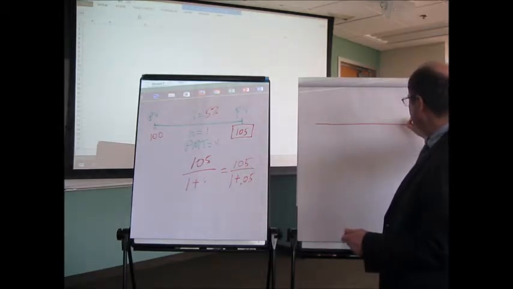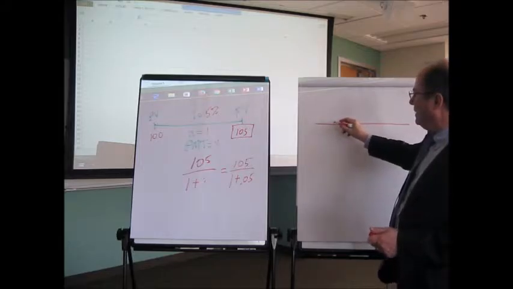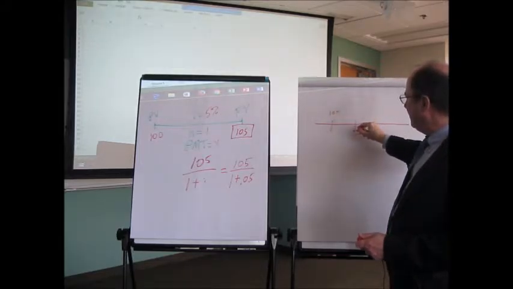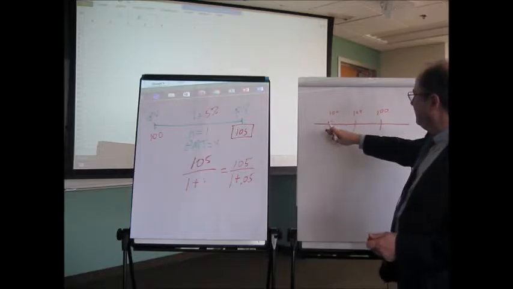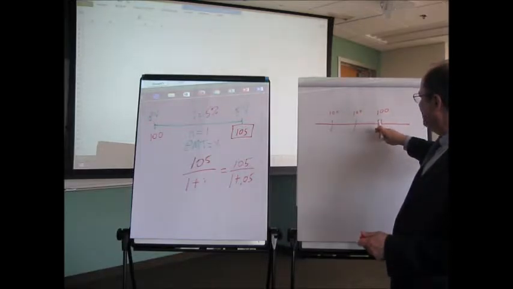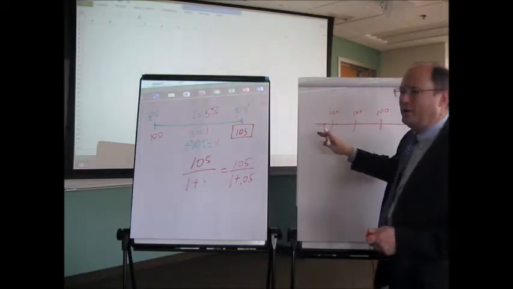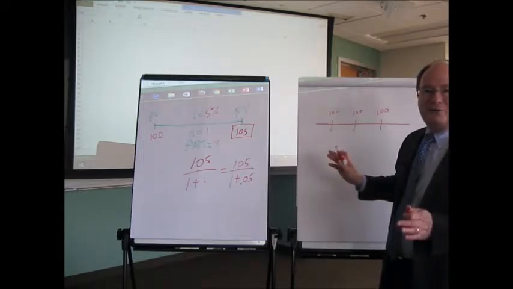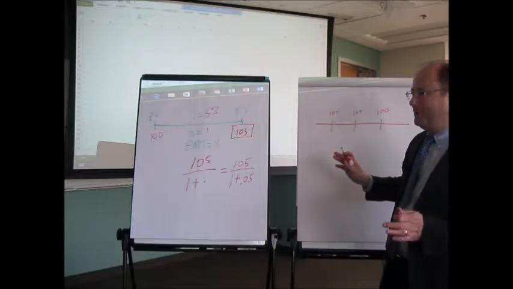We've got a timeline. We are getting payments of $100 a year. And we're getting those payments for 3 consecutive periods. And we're wondering what the future value of $100 a year for 3 years is going to be.